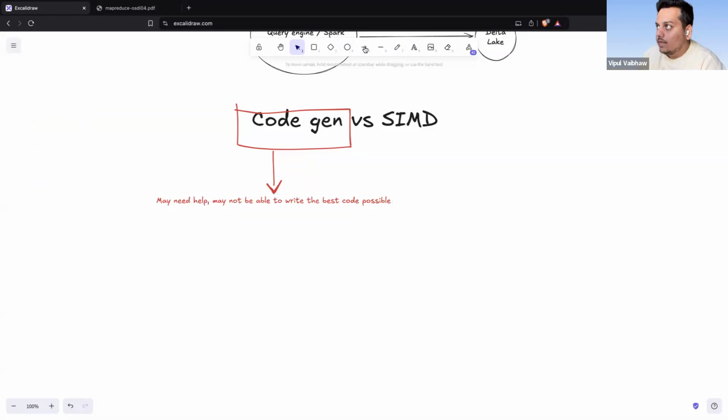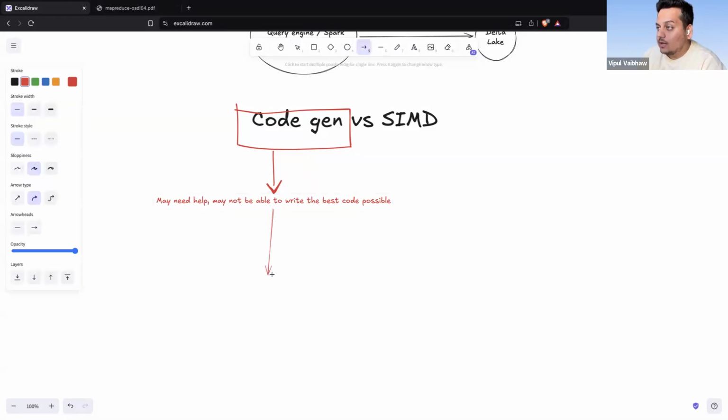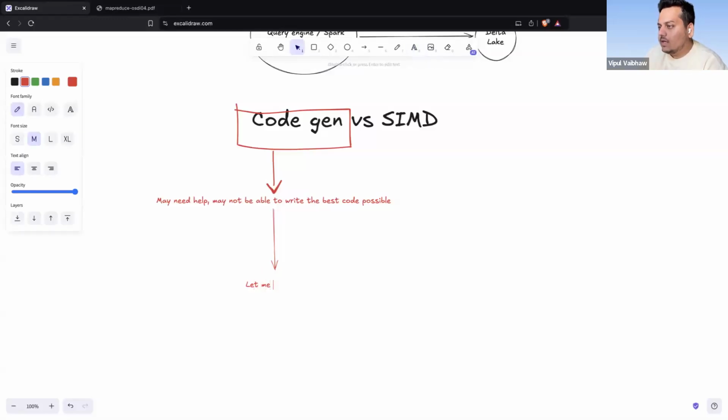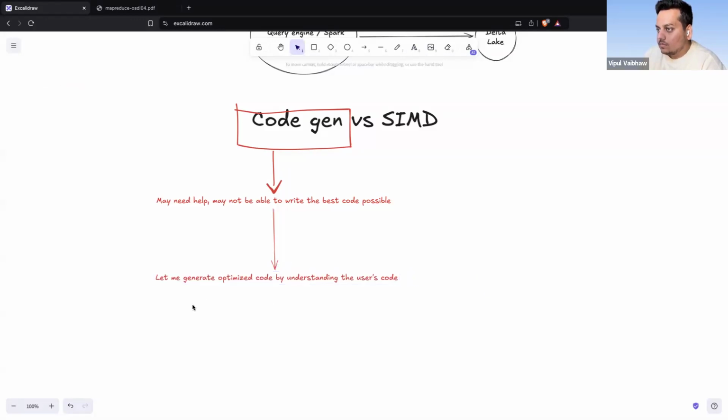In that case, what Spark thought was a great idea, and it was for a long period of time, was to generate optimized code by understanding the user's code. This is known as the code generation approach to query.